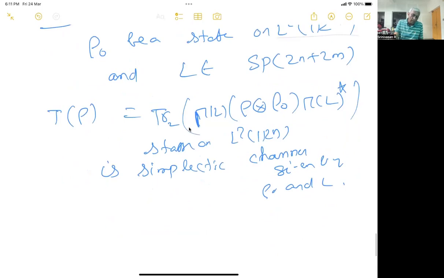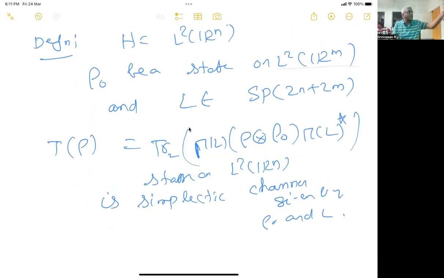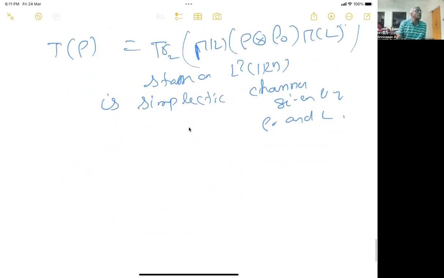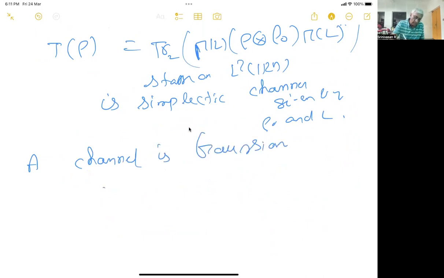I want to see, we can actually compute the characteristic function. So assume now that rho naught is Gaussian. A channel is called a Gaussian channel if it takes Gaussian states to Gaussian states.